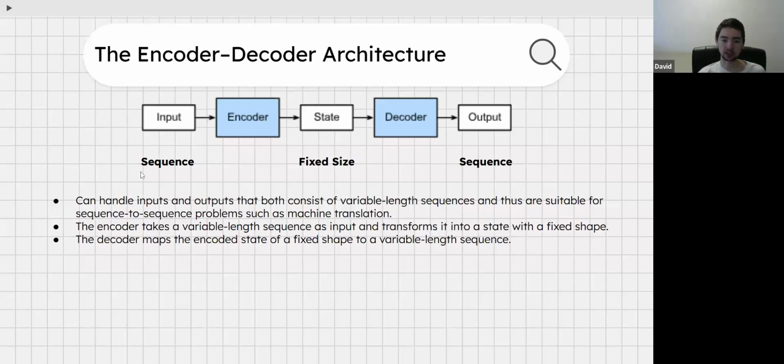So we can take an entire sentence, and this arrow kind of hides the embedding layer, and we can take each word's embedding and put it into the encoder, get a vector representing the meaning of the entire sentence, then put it into the decoder, get an output embedding, and then use another embedding layer to convert it to a word.